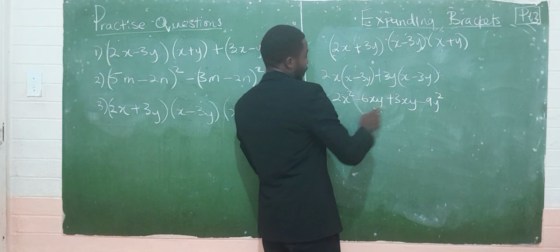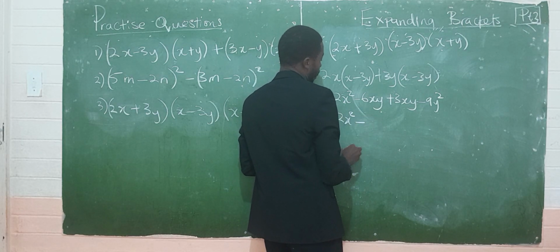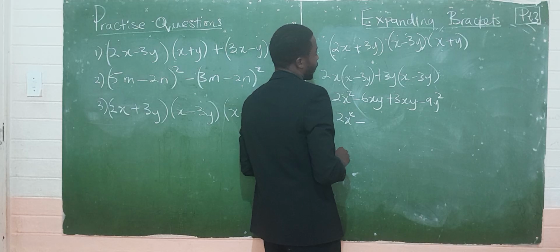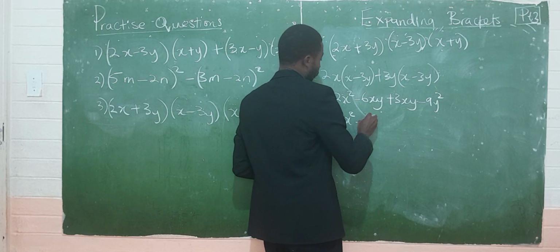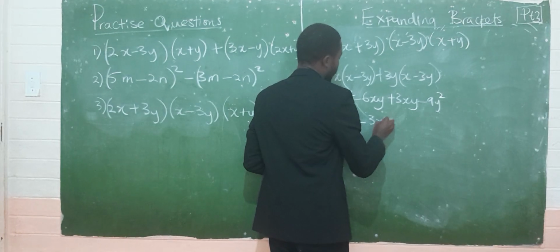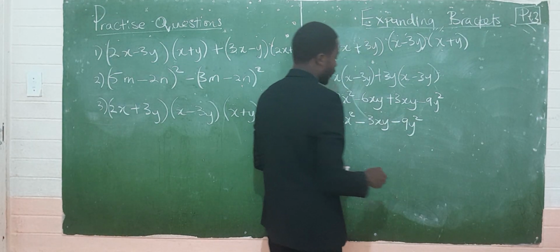And of course, I can clean this part. That will be 2x squared, and of course, negative 6xy plus 3xy will give me negative 3xy and minus 9y squared.